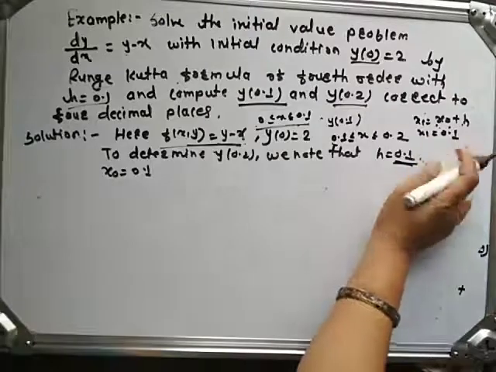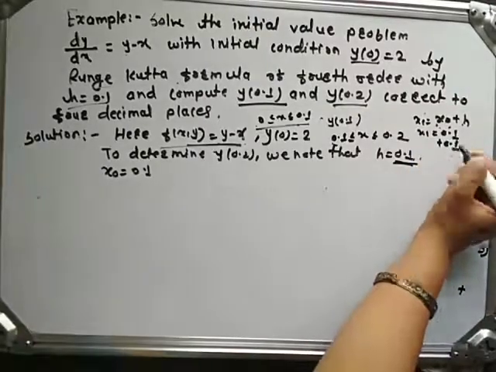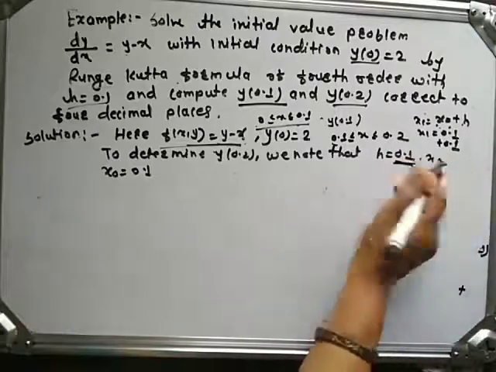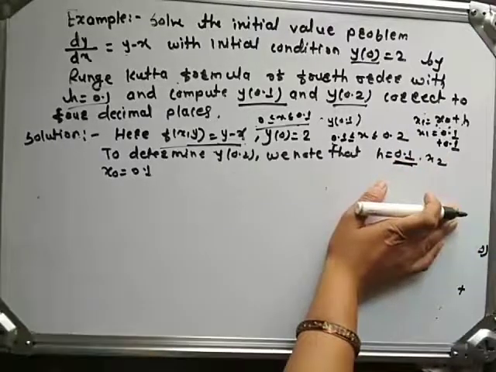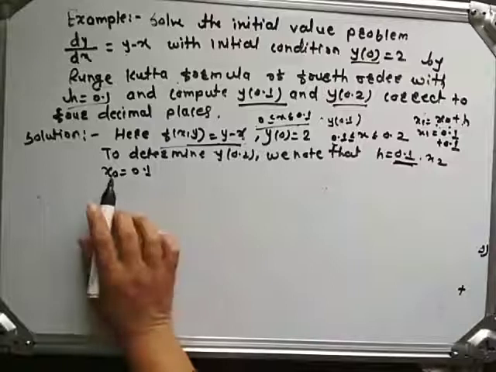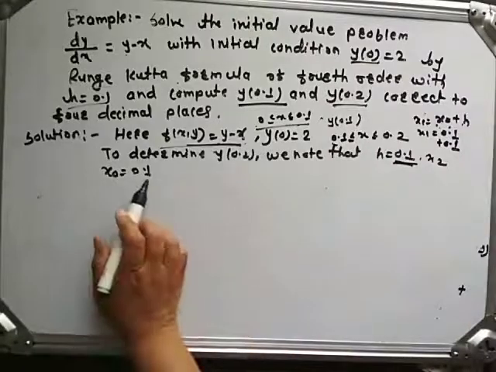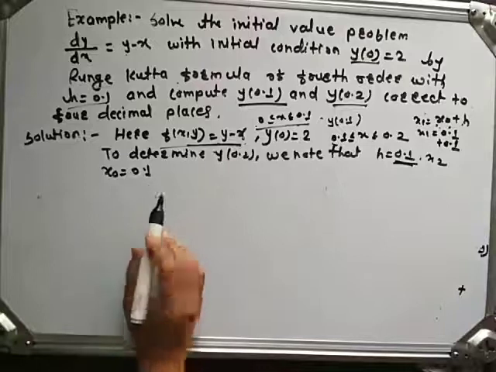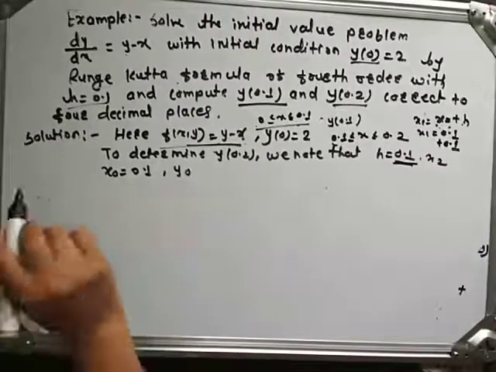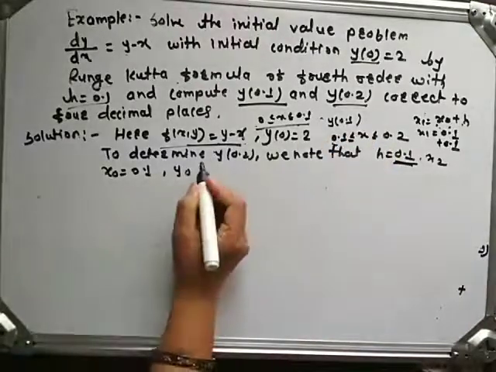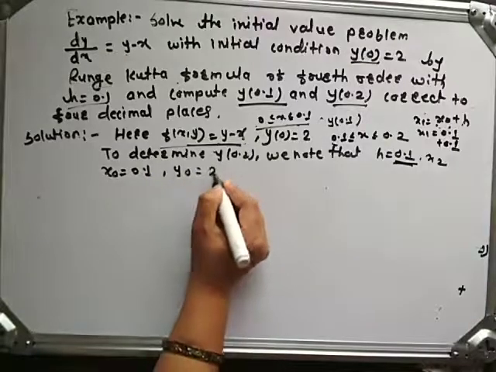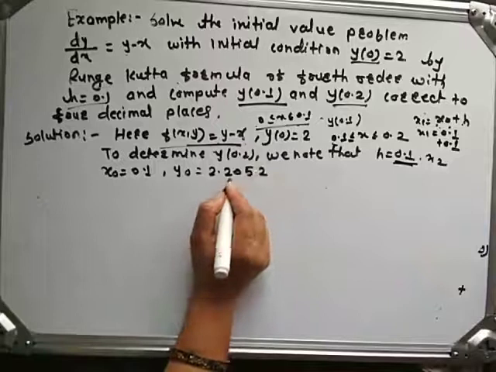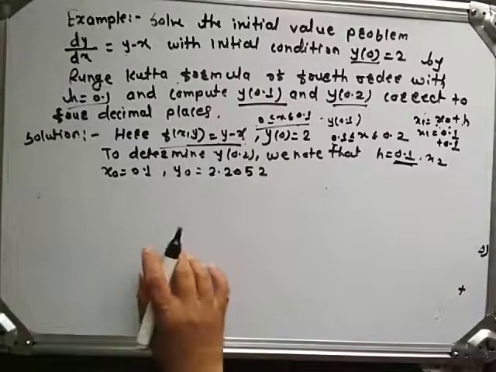Add 0.1 to this and we get x2, that is 0.2. So here x0 is 0.1, and our y0 for this interval is the y1 we have already calculated, 2.2052.